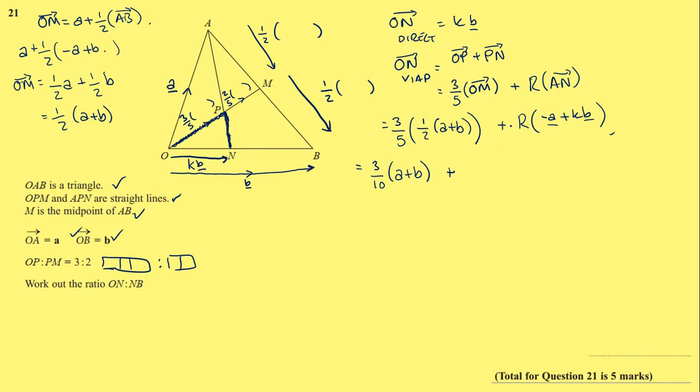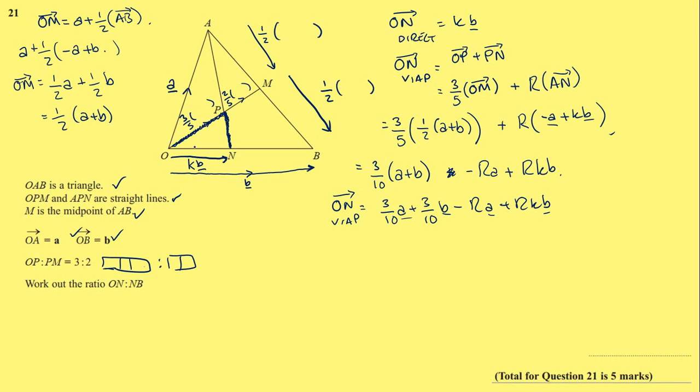So I'm going to end up with R lots of negative A, which is going to be negative RA, and R lots of positive KB, which is going to be plus RK of B. I'm also going to expand out this bit over here on the left, which is going to be 3/10 A plus 3/10 B minus RA plus RK of B. Now that is another way to get from O to N. That one's via P. It's as tidy as it can get, really. It's still a mess, but it's as tidy as it can get.